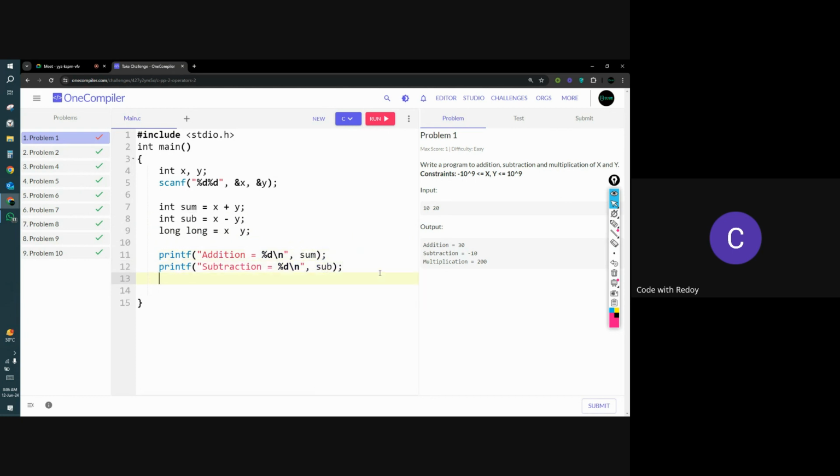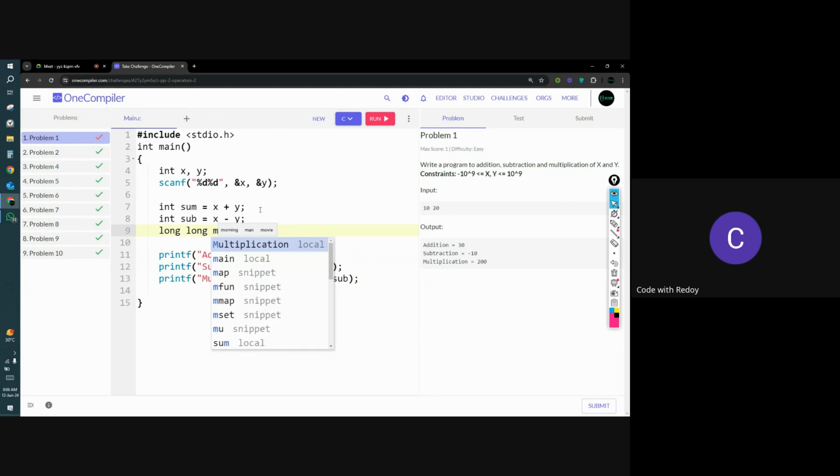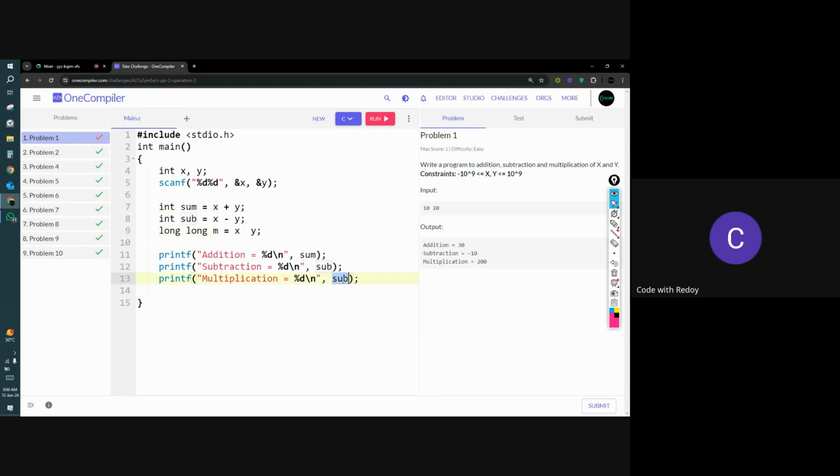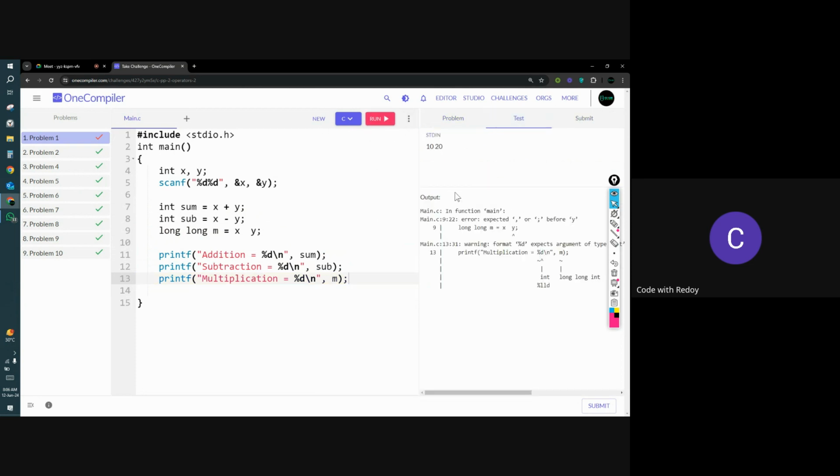And for the multiplication, I need to put here. Oh, sorry, I didn't use the variable name like m. Now just put the value 10 20. It's already there.